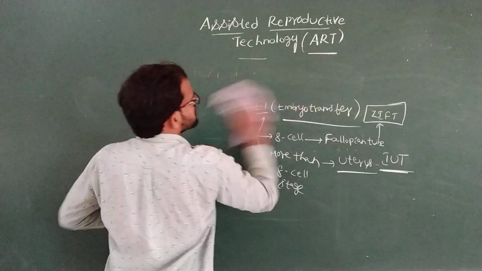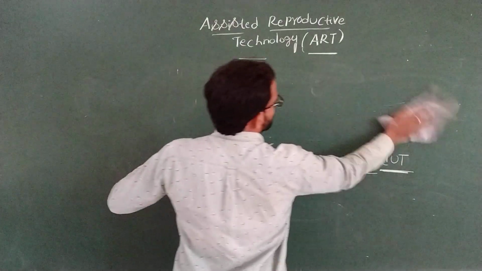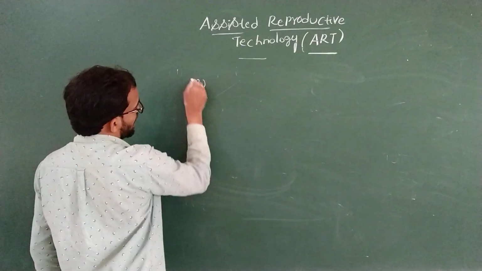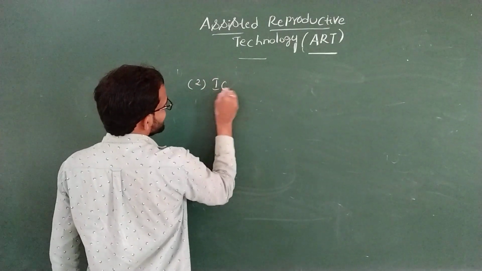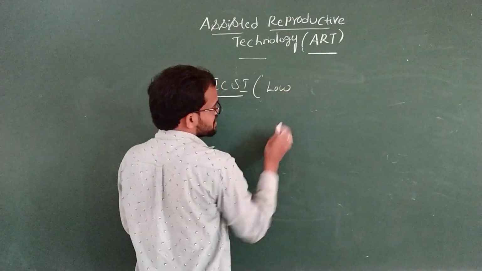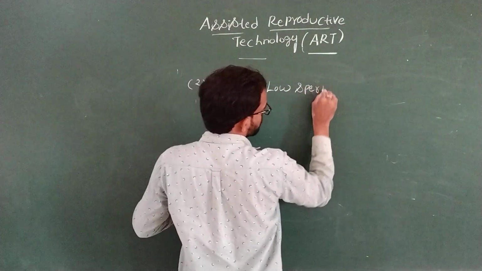Okay, now what is the second technique we already discussed? That is known as ICSI. ICSI is for males with low sperm count.